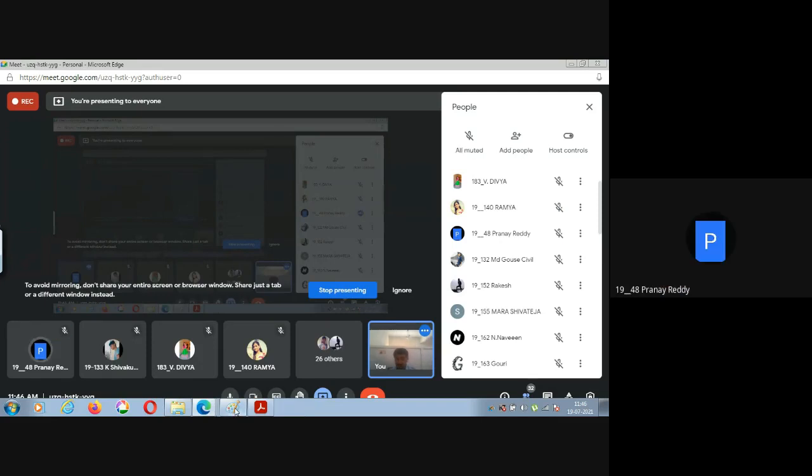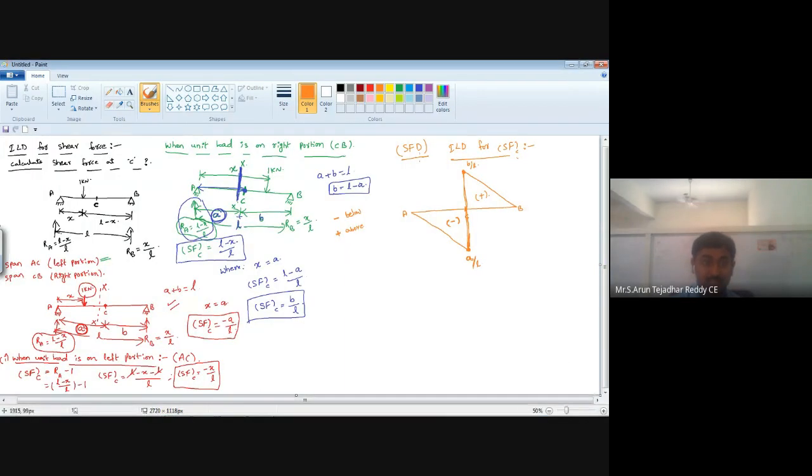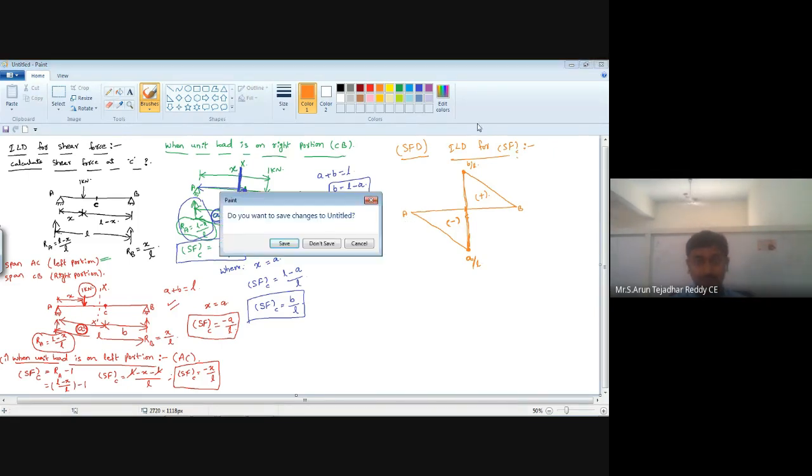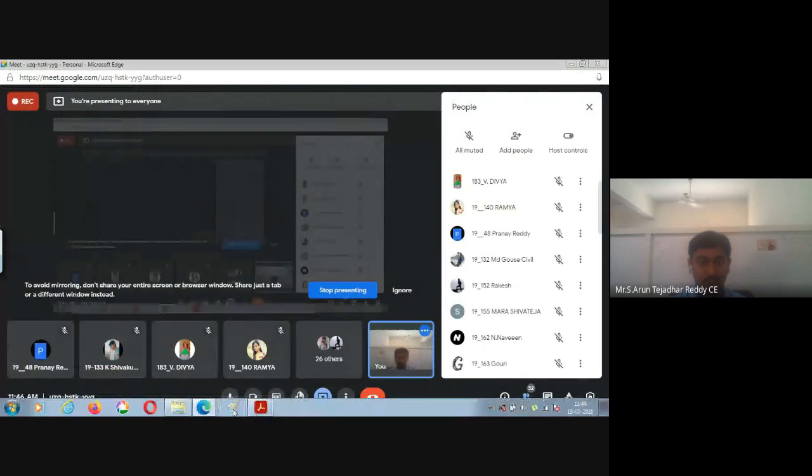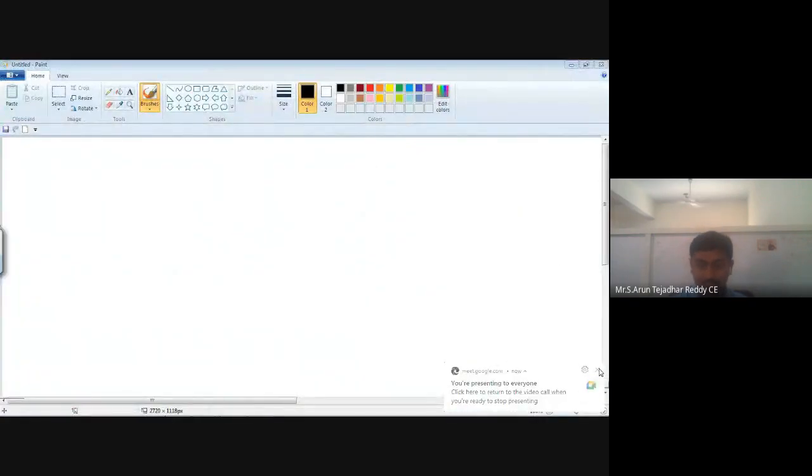Yes, sir. Okay. Now we'll see problems in the shear force. We'll take two problems. One is based on point loads. The other one is based on the UDL. Then you can easily understand. See here.